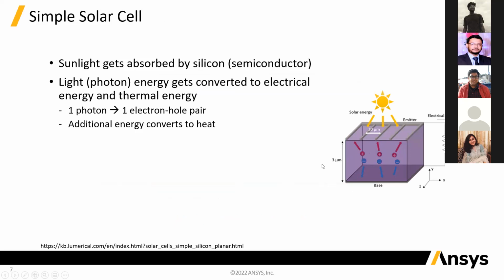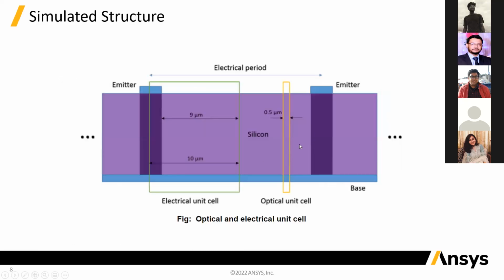When you try to simulate this device, you can't simulate the whole thing if you're doing a 3D simulation, or maybe in this case, since it's a simple structure, we will actually do a 2D simulation. But still, these simulations can take a lot of time, so you want to be as efficient as possible.